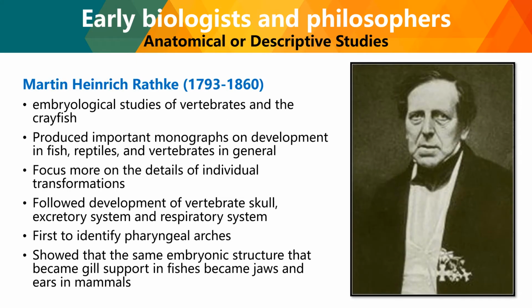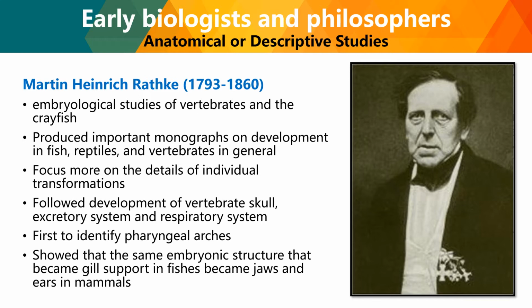Next, we have Martin Heinrich Rathke. So, in here, he pioneered studies of vertebrates and crayfishes. He was the one to produce important monographs on the development of fish, reptiles, and vertebrates in general. He focused more on the details of individual transformation of these different organisms, followed by the development of the vertebrate skull, the excretory system, and respiratory system.